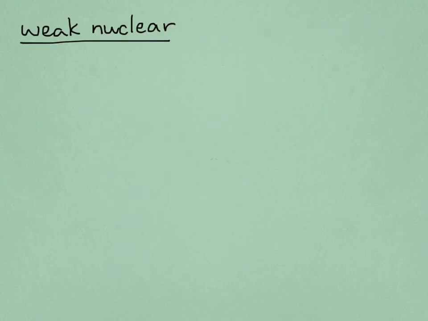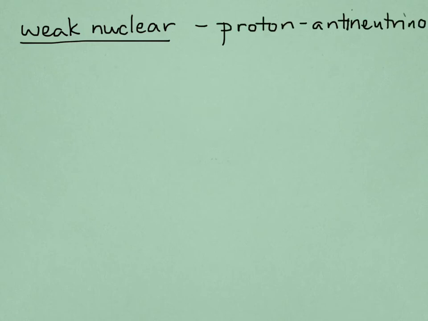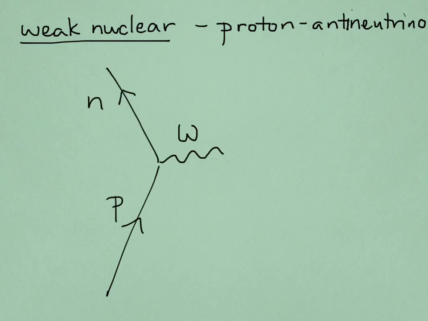Right, and another one. This time is a proton and an antineutrino. So it's the opposite of the previous one. So proton, again, can only turn into a neutron. In order to do so, its boson must be positive to carry away the positive charge.